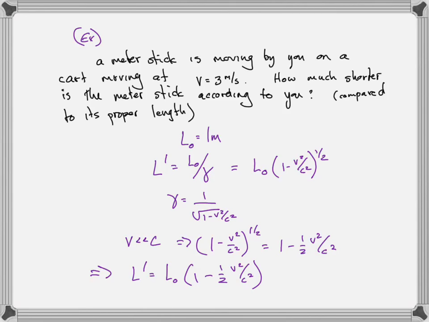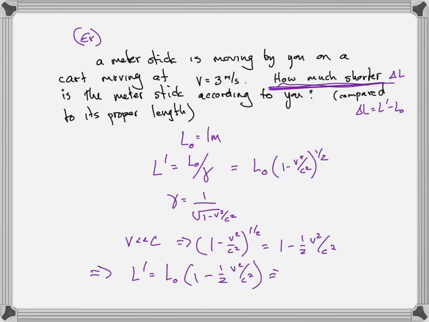And therefore we can write L prime is equal to L0 times (1 minus 1/2 v squared over c squared). Okay, so what? Well, remember I asked how much shorter, not how long is it, but how much shorter is the meter stick. So how much shorter the meter stick is is the difference between L prime and L0, right? So this is delta L. Delta L equals L final minus L initial, or L prime minus L0.